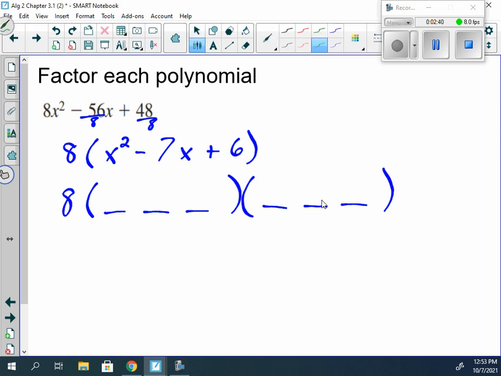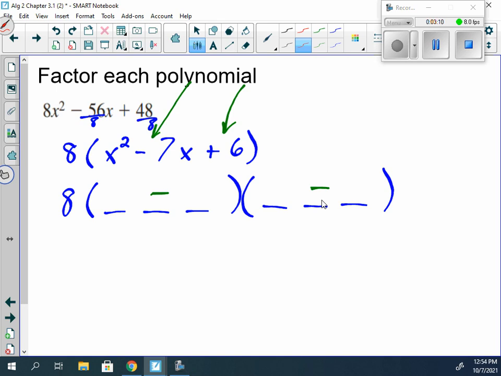We found the sign that goes into both, and we look at the third term, because if the third term is positive, the signs are the same and they match the sign of the middle term. If the third term is negative, the signs are opposite. Well, here the third term is positive, so the signs are the same and they match the sign of the middle term, which is negative. So both of the signs would be negative.